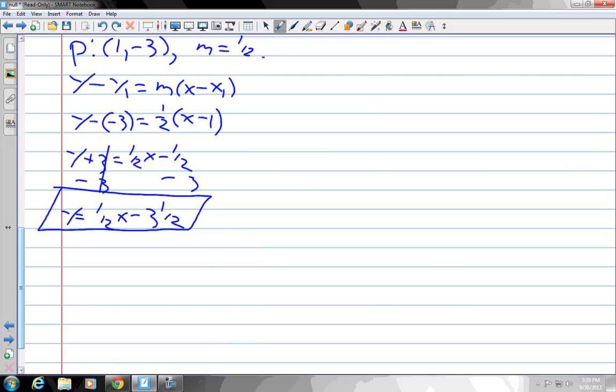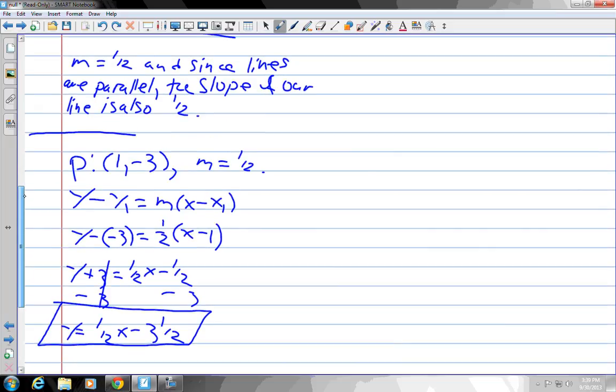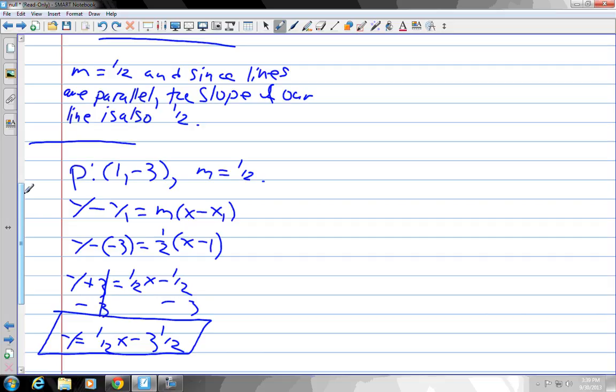So the y-intercept is negative 3.5, and the slope is 1/2, so you go up 1 over 2. Any questions on that one? Does that make sense?